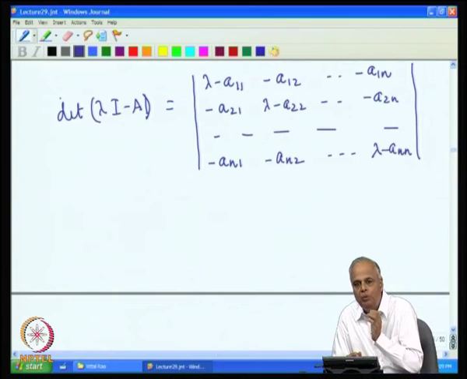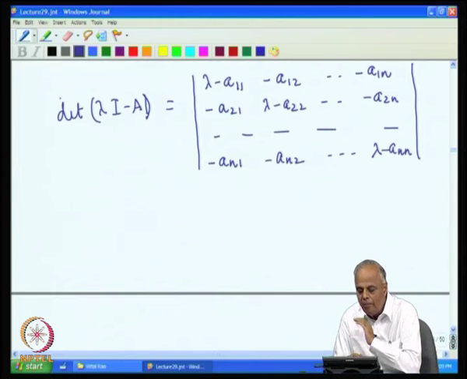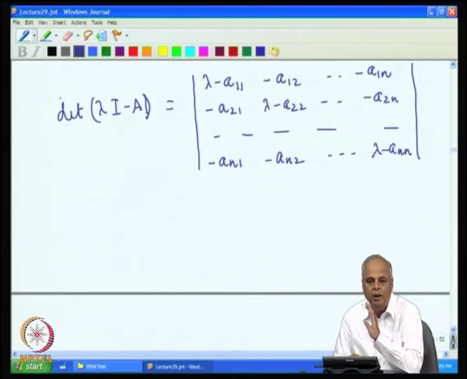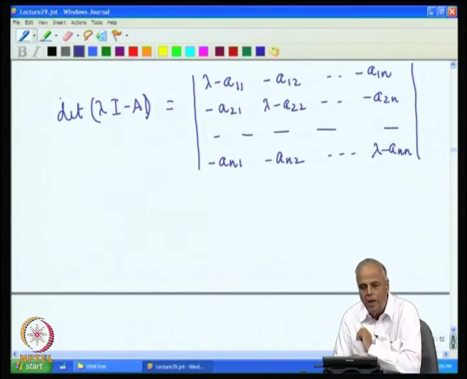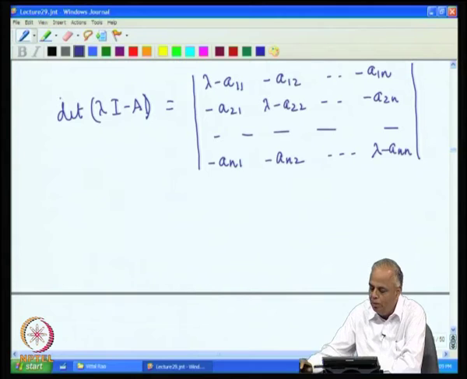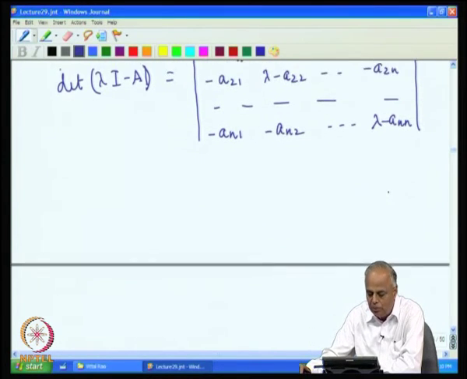Since every entry is either a linear polynomial in lambda or a constant, and the determinant involves products of the entries, the determinant is going to be a polynomial. And we have seen that the highest degree term is lambda to the power of n.